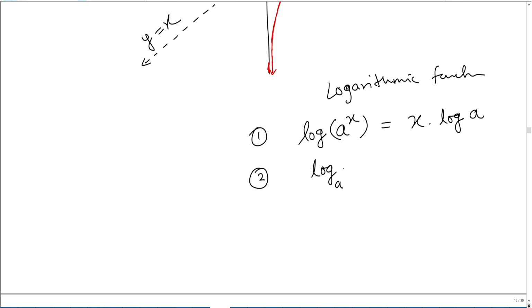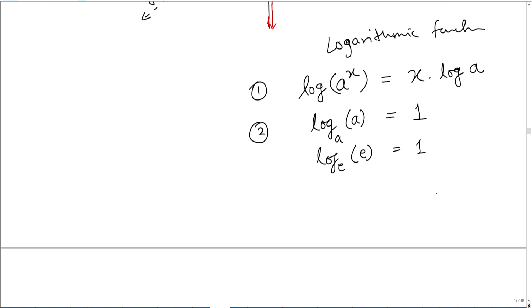If it is log base a, and you take log of the same quantity a which is there in the base, then log base a of a would be equal to 1. Similarly, log base e of e would be equal to 1. So, that is another rule.